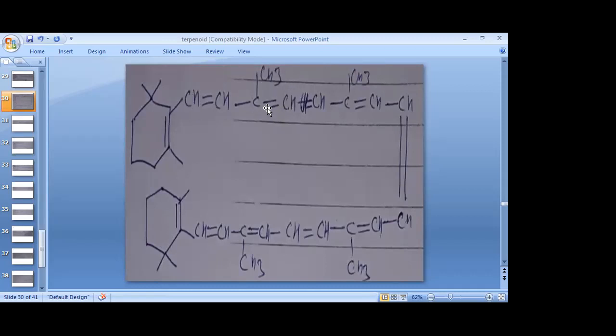So this is one isoprene unit, then second, third, fourth isoprene unit. Four isoprene units are joined along with two six-membered rings. So this is the complete structure of beta carotene, one of the important terpenoids.